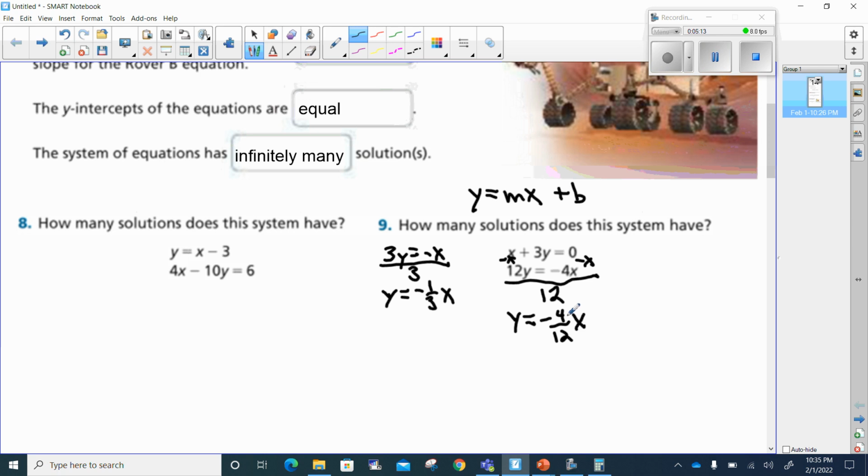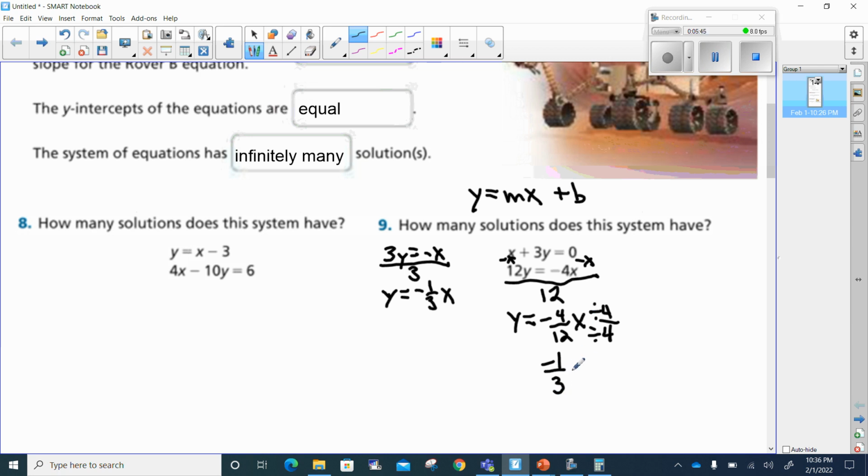We know 4 and 12 are both divisible by 4. So I'm going to divide my numerator and denominator by 1 in the form of 4 over 4. 4 divided by 4 is 1, so negative 4 divided by 4 would be negative 1. And 12 divided by 4 would be 3.